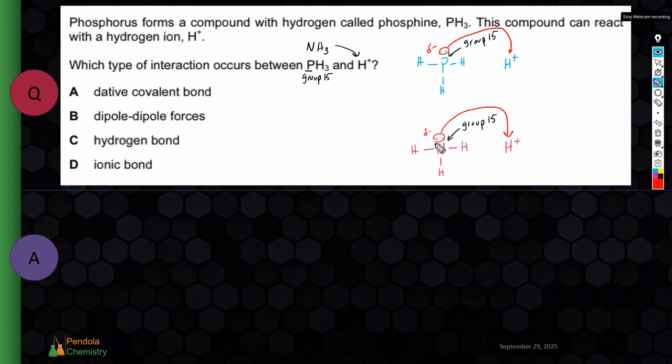Because in this bond both of the electrons are coming from one element, this is a dative covalent bond that is being formed. Remember, another word for this is a coordinate covalent bond.